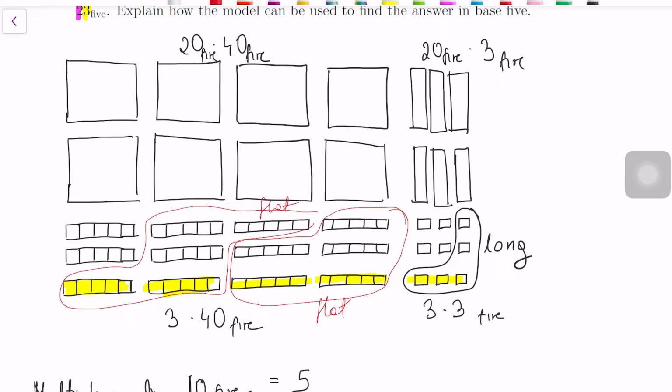And I would have maybe one more group of 5. This would be my flat. So I noticed that those gave me those extra 3 flats. And then I'm left with 1 long, 2 longs, 3, and 4, right?